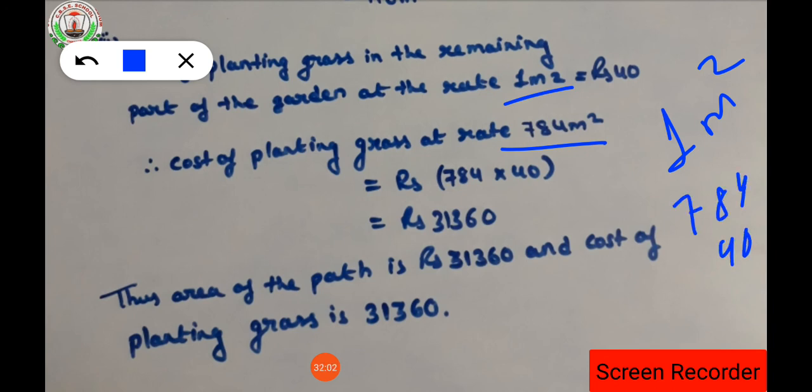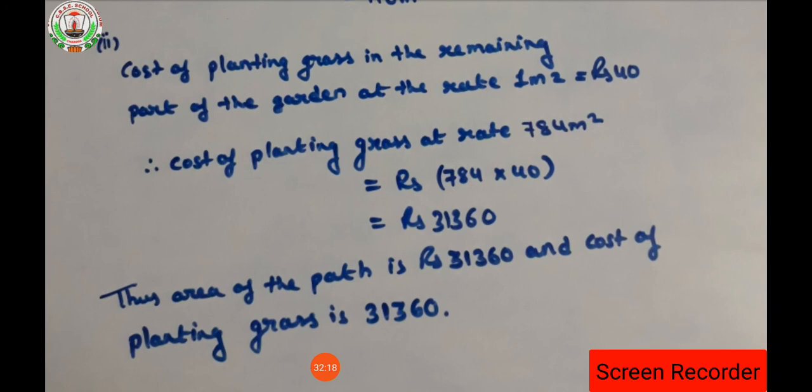That 784 area is in the form of meter square, isn't it? So that will be multiplied with 40 to get the required answer or cost as 31,360. Okay, so what is the answer we are having? 31,360.